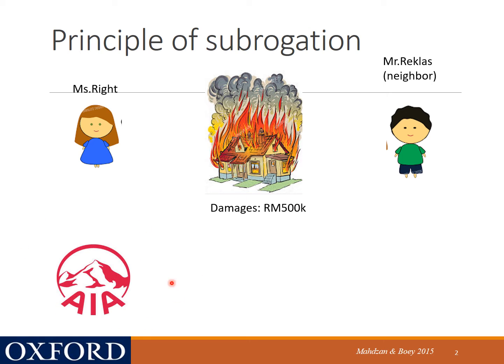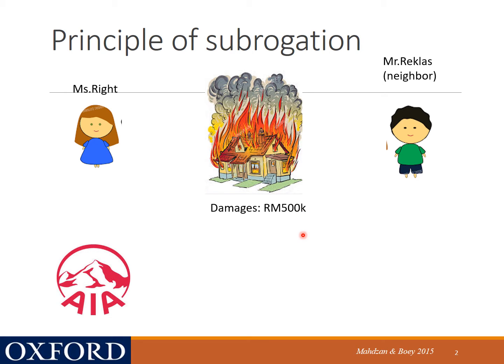So upon investigation, say that AIA discovered that Mr. Reckless had been negligent, had not been careful, and he was the one that actually contributed to this loss.